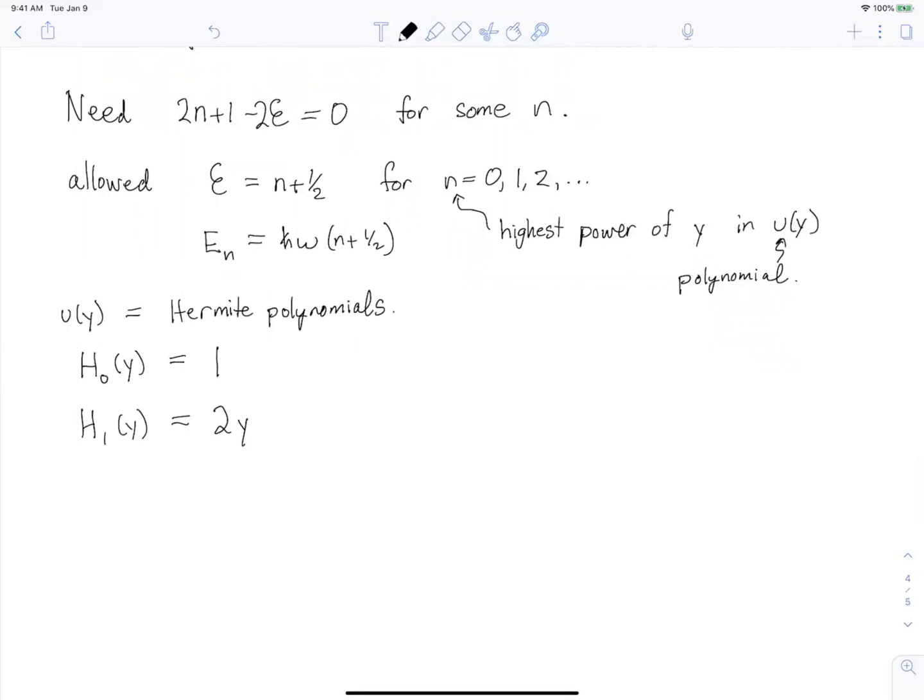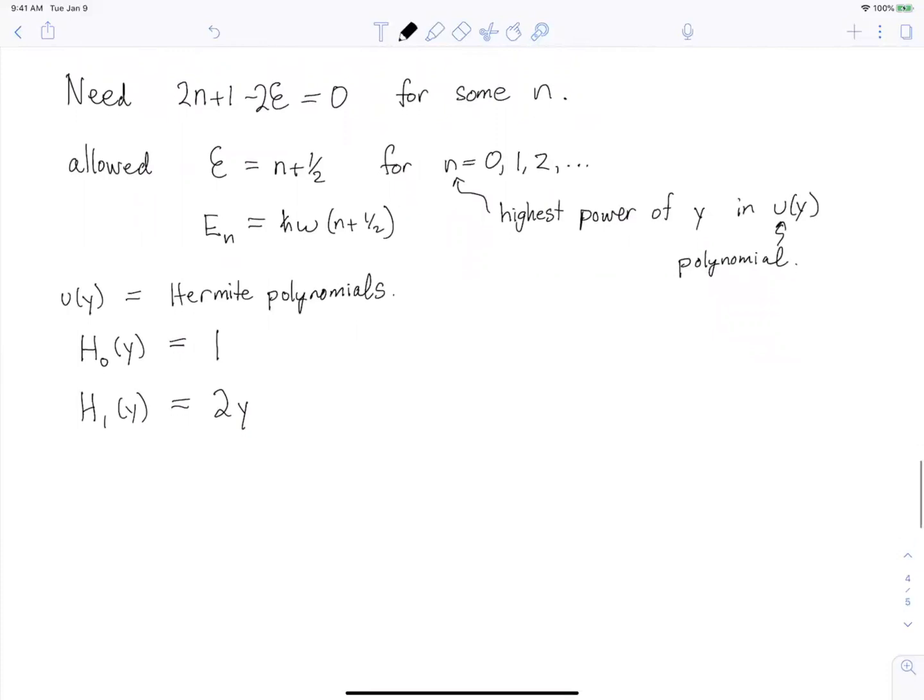At this point, the normalizations are sort of arbitrary anyway. And then h2 of y is where c0 and c2 are both non-zero, and it turns out the standard normalization makes this equal to -2 plus 4y squared.